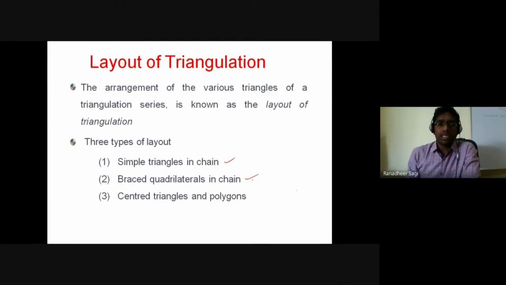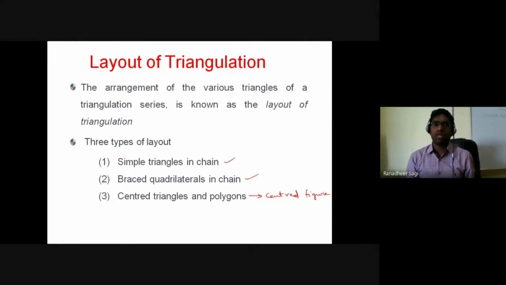And the other is centered triangle and polygons, which we have already mentioned in the last class. This is otherwise also called a centered figure. At the center of a polygon, you are going to have another triangulation station. I repeat, it could be any polygon: a pentagon, hexagon, septagon, octagon, or maybe a quadrilateral.